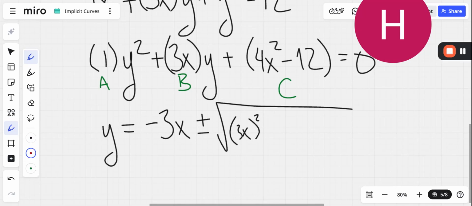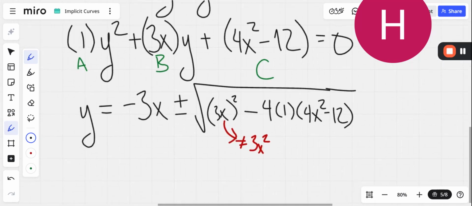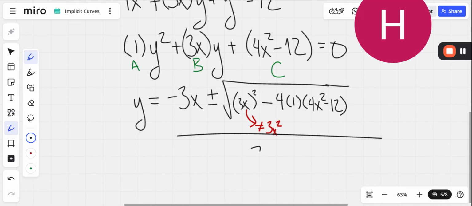Be very careful with this kind of a step. Plugging in 3x, this is not the same thing as 3x squared, just to be clear. Minus 4 times a, it's easy, times c, that's still not bad. And this is all over 2a.